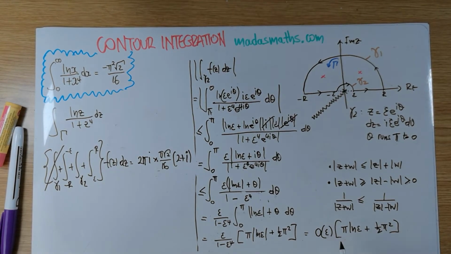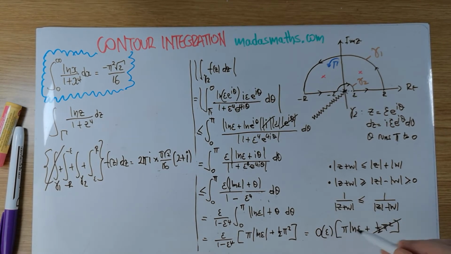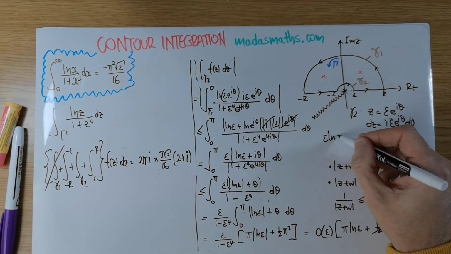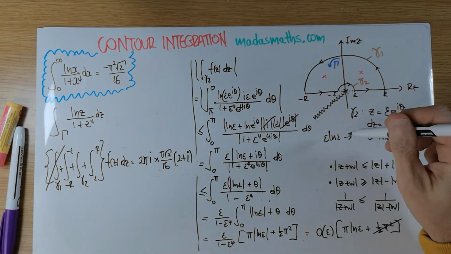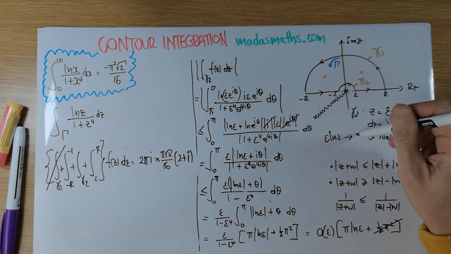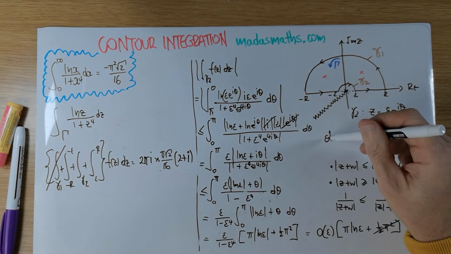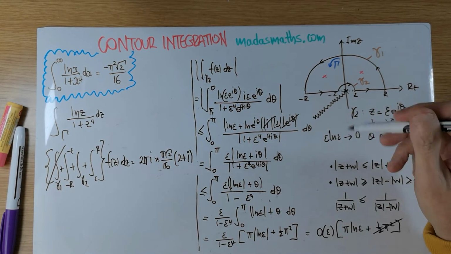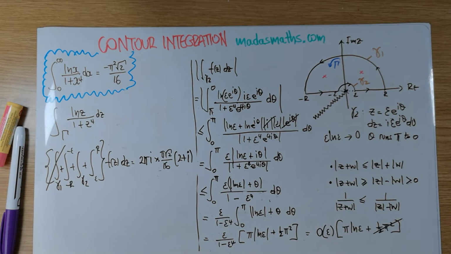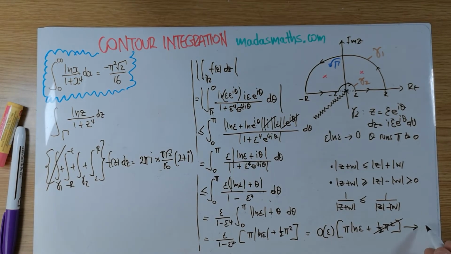And as epsilon goes to 0, this quantity here is finite, half pi squared, so this bit here will definitely go to 0, and epsilon log epsilon, it's a result which of course we ought to know. This quantity goes to 0 as epsilon goes to 0, as epsilon goes to 0 faster than log epsilon goes to negative infinity. It can be proven using L'Hopital's rule, so at the moment I'm not going to dwell upon it. So that definitely goes to 0 as epsilon goes to 0.